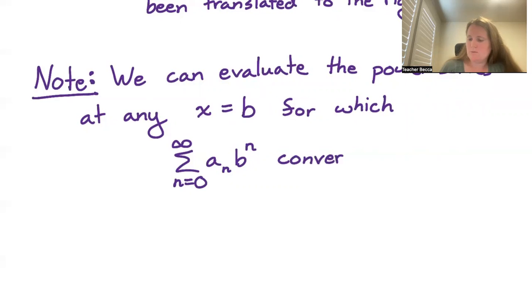That would be what we consider to be the value of this power series at x equals b: the value we get when we plug in b for x. That's just a series of constants. The terms are constants, no longer involving x, so we can evaluate whether it converges or diverges.